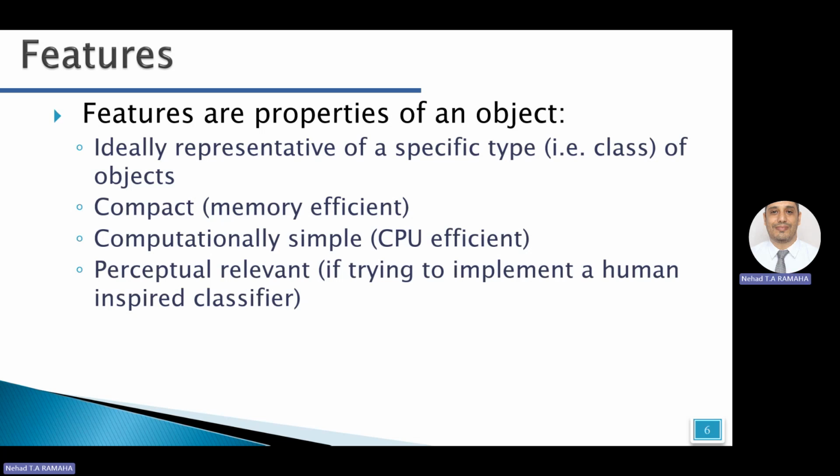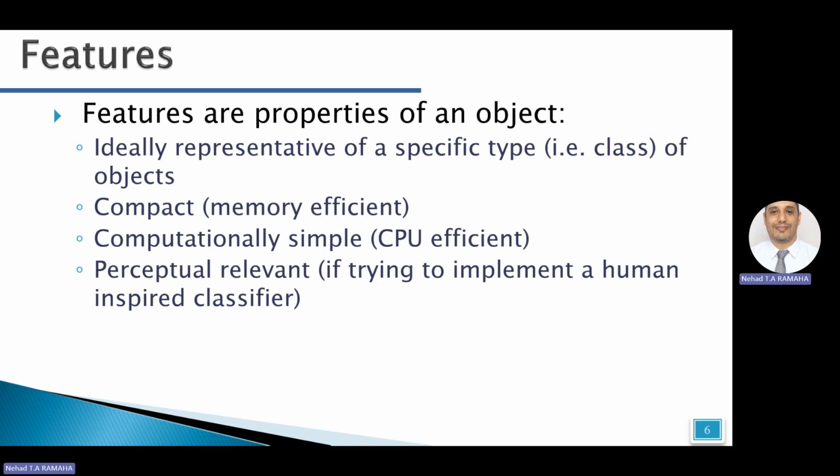It must be computationally simple, CPU efficient also. So compact, we speak about the size of the data about the feature. Computationally simple, it must be easy to represent and calculate this data about features.